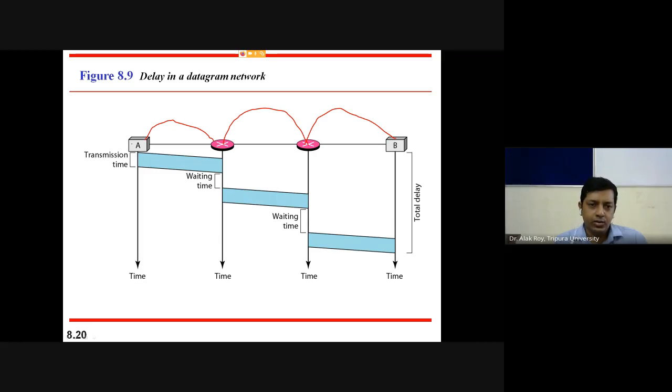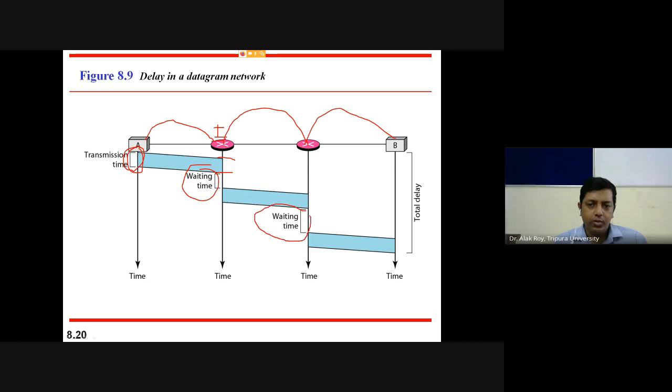So transmission time: the transmission between A and switch 1 is a transmission time. Then waiting time, then the second transmission between switch 1 and switch 2.